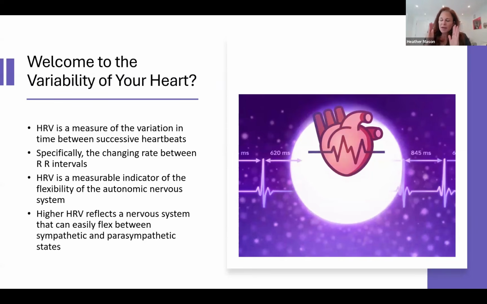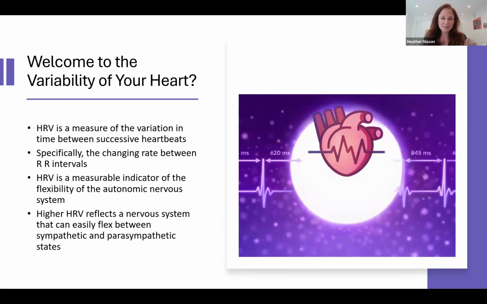So an interval is the time between when the blood is just about to be pumped out and the next time it's just about to be pumped out. Now, if those happen in rapid succession, the heartbeat is essentially quicker. And if that happens in slower succession, then the heartbeat is slower.